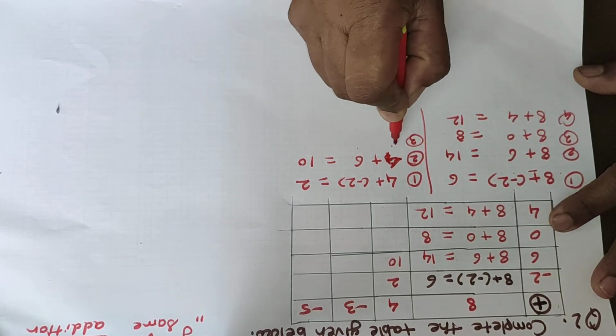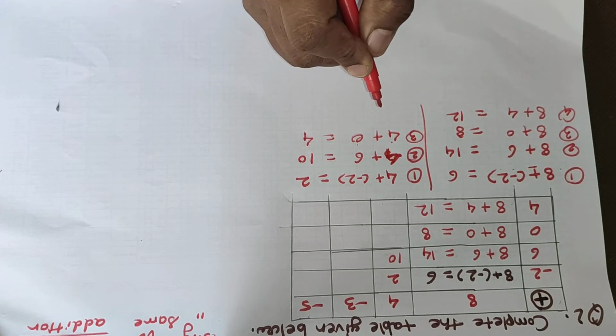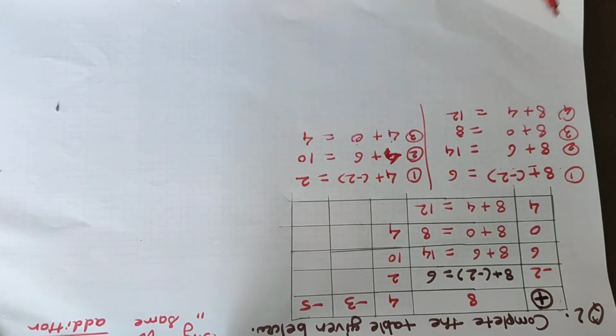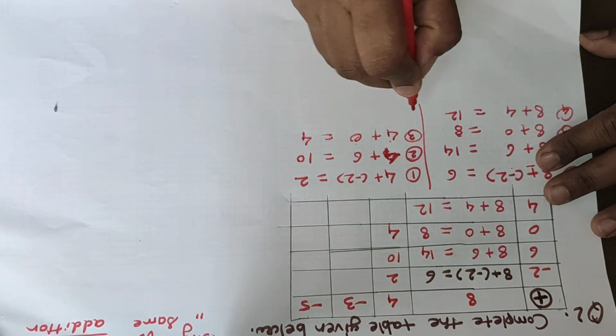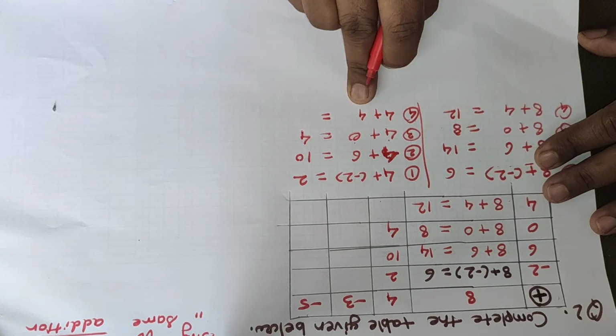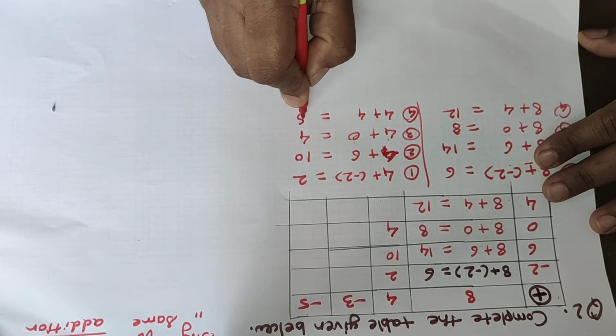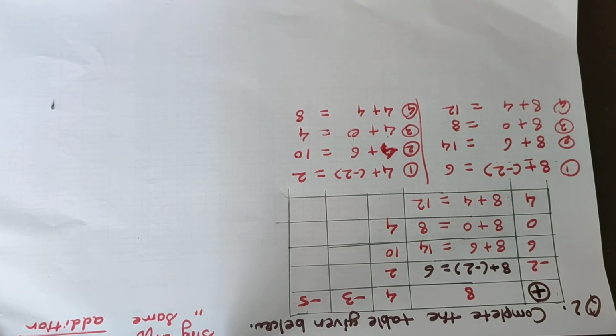So third example, 4 plus 0 is equal to 4. So here write 4. Fourth example, 4 plus 4 is equal to, both signs are the same, we have to do the addition. So 8, and both numbers are the same, so it will get the positive sign.